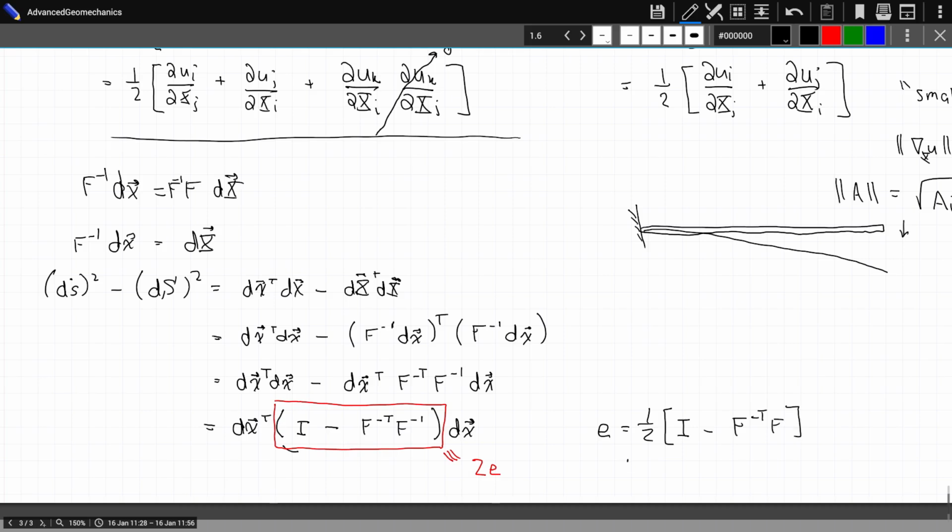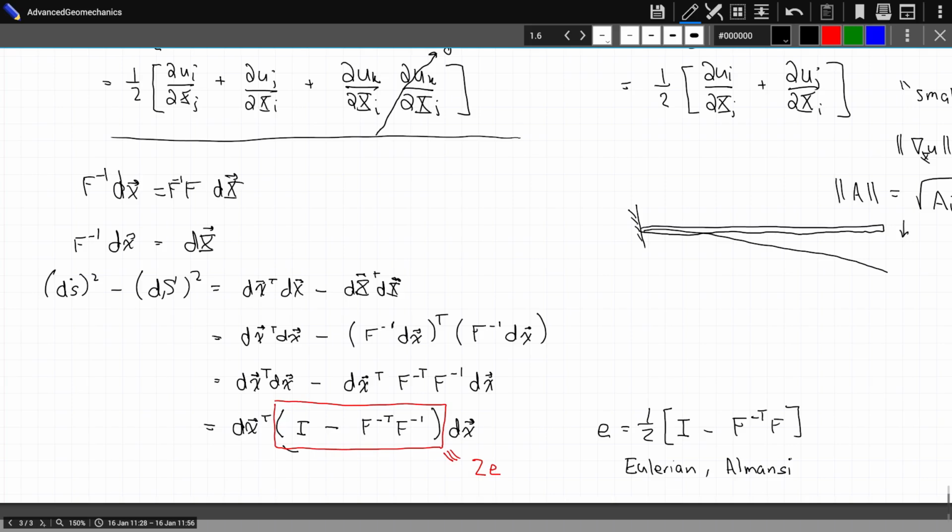And this we call the Eulerian, or sometimes you'll see it as Almansi, strain. The difference is that before, we put everything in terms of vectors in the reference configuration. Now we put everything in terms of vectors in the current configuration. But what's on the left side of the equation is equivalent, ds squared minus dS squared. It's just what we did on the right that is different.